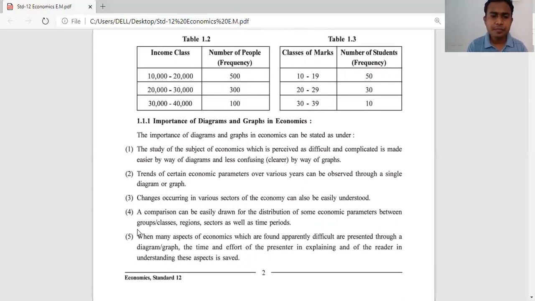The fifth point says, when many aspects of economics which are found apparently difficult are presented through a diagram or graph, the time and effort of the presenter in explaining and of the reader in understanding this aspect is saved.